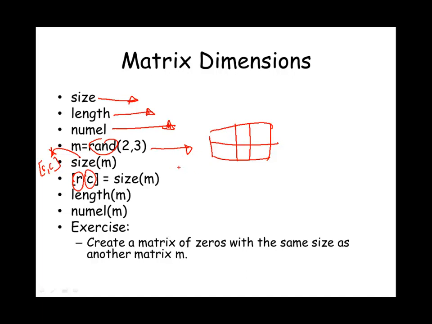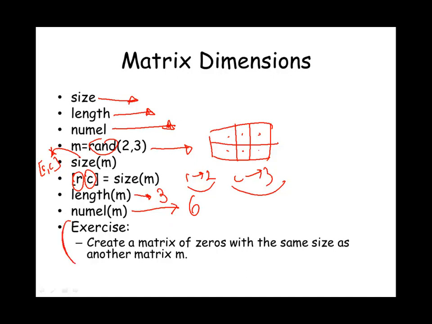In this case, r will become 2 and c will become 3. Length m will return the larger of the number of rows or the number of columns. For this matrix, you will get 3. Number of elements will return 6 for this matrix, since we have 6 elements in this matrix.